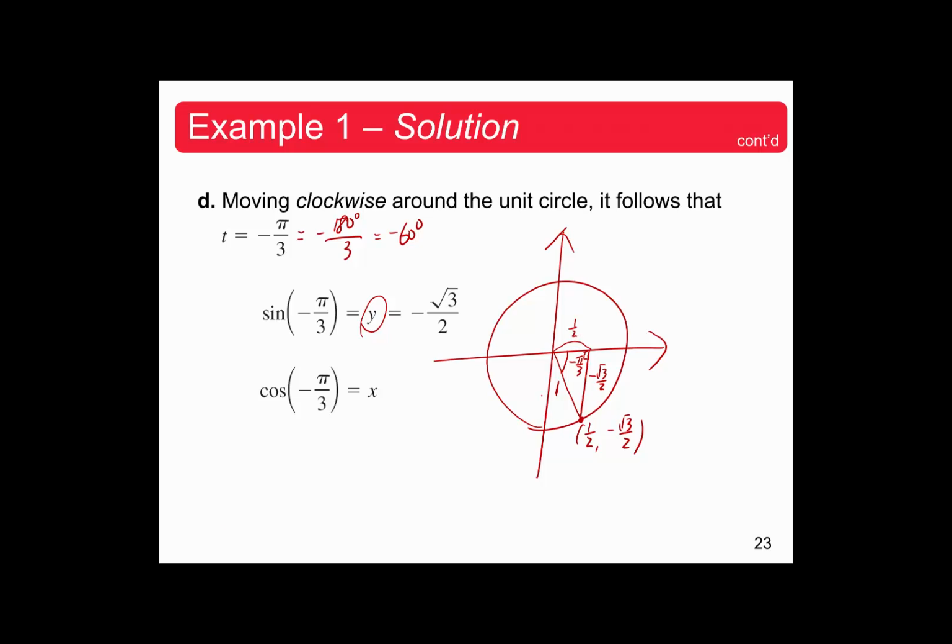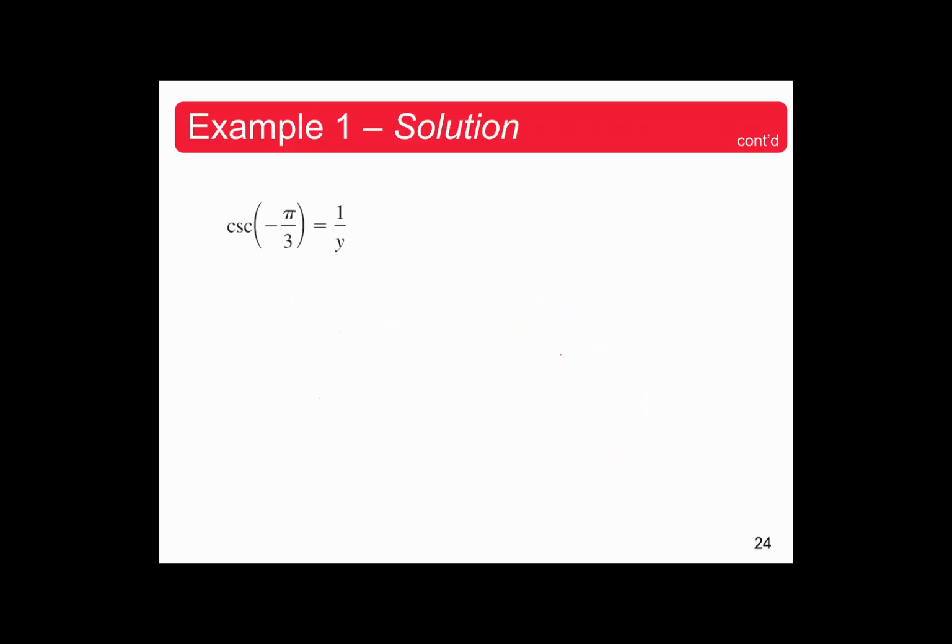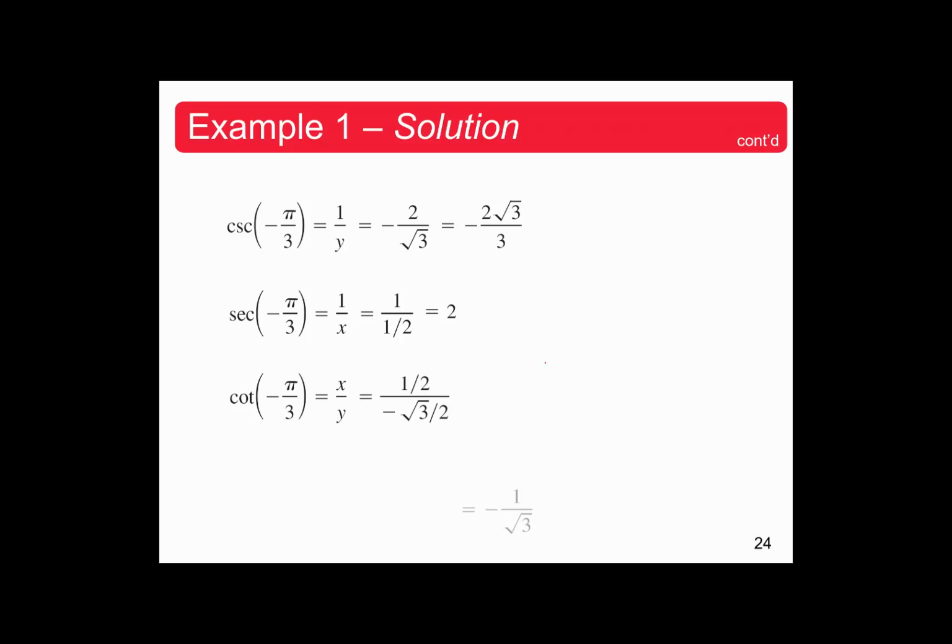Okay, so half over 1, which is half. And tangent is opposite over adjacent, so negative radical 3 over 2 over half, that becomes negative radical 3. Okay, so for the rest of them, once you have the coordinates clear, you'll be able to get the rest of them. Pretty straightforward.